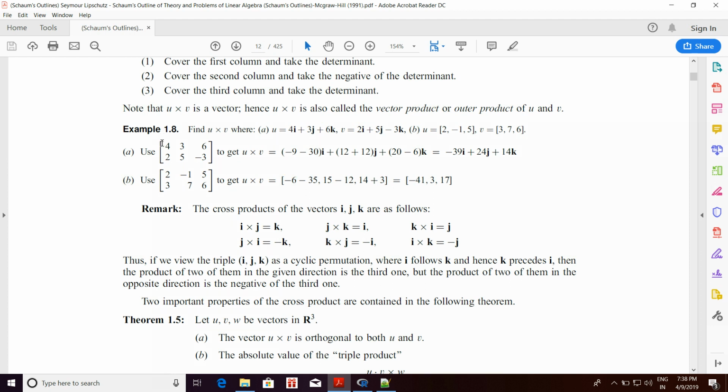That means first we create the determinant of these two columns, and then the first and third column, and then the first and second column.